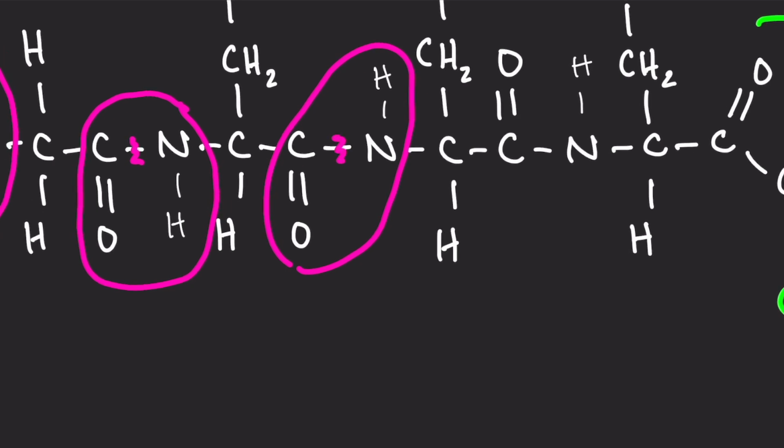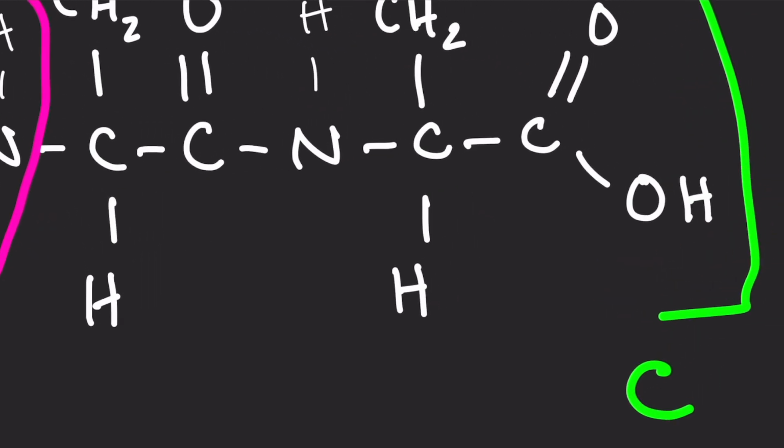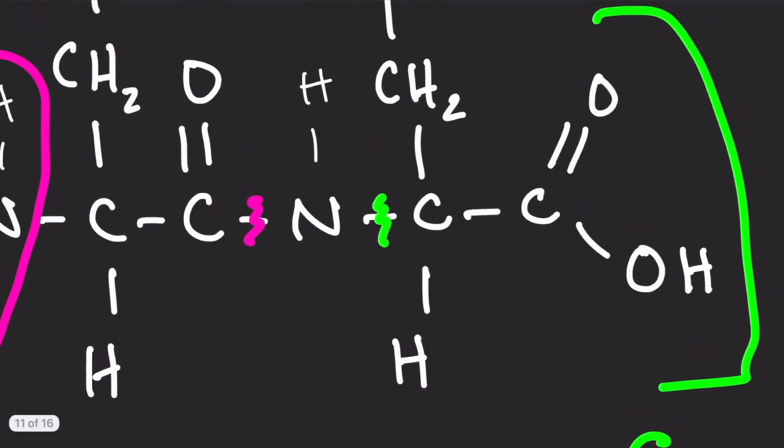Remember, the peptide bond is always between the nitrogen and the carbon that is part of a carbonyl, meaning it's a carbon double bonded to oxygen. I had a lot of questions, for instance, on this one: is this the peptide bond or is this the peptide bond? Well, this can't be because this carbon is not part of a carbonyl.